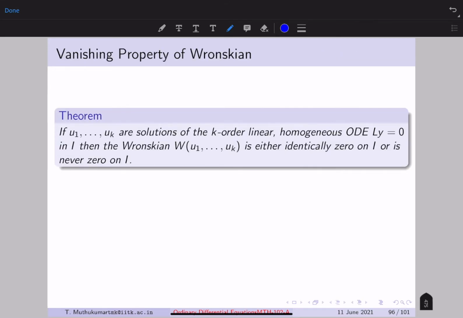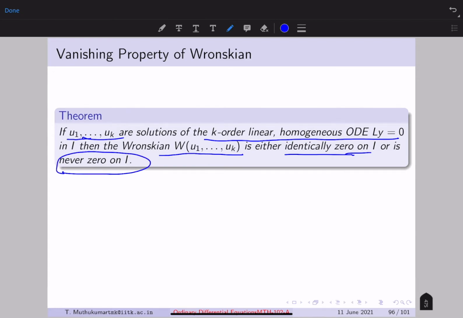So what is the statement? If u1, u2 are solutions of the kth order linear homogeneous ODE in I, then the Wronskian of this collection of functions is either identically 0 on I or is never 0.